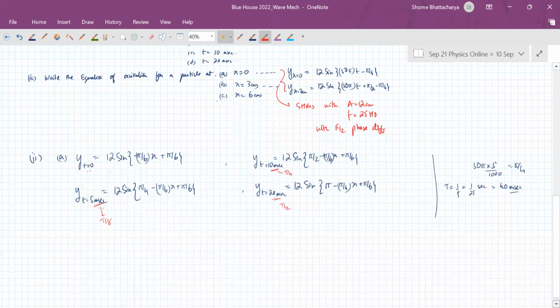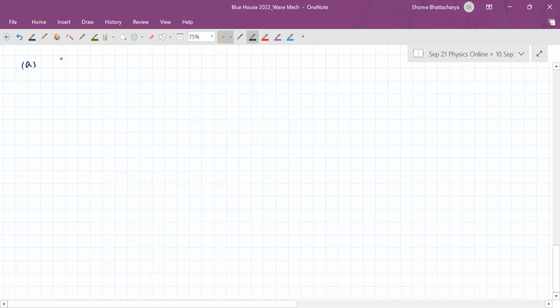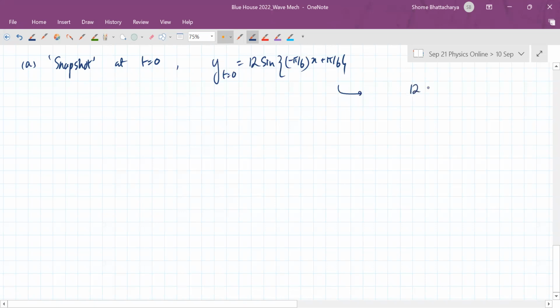Okay, so now let's start plotting each of these. So this term can be understood as, because sine is an odd function, sine of minus theta is minus sine theta.